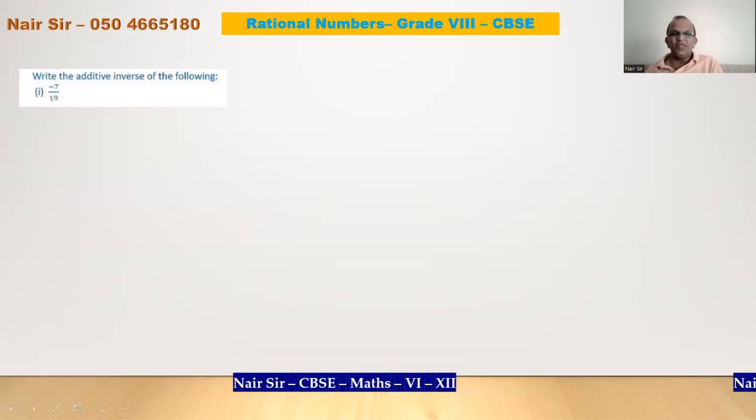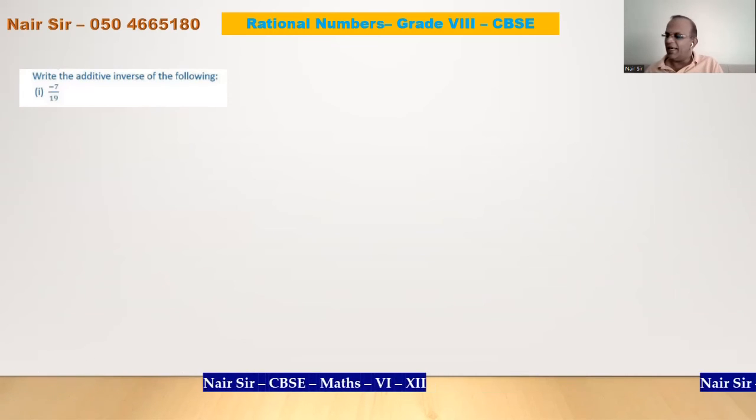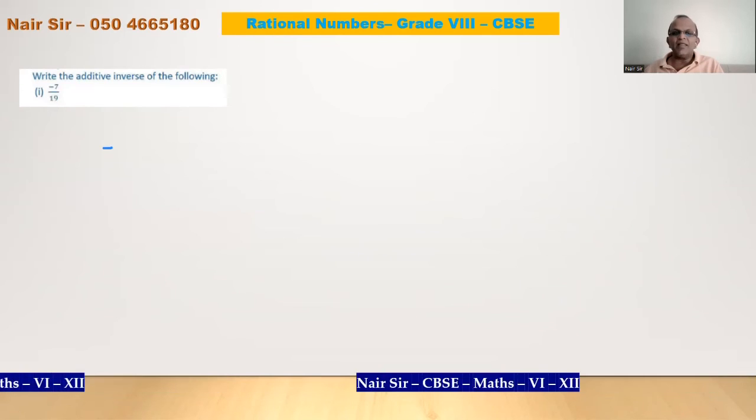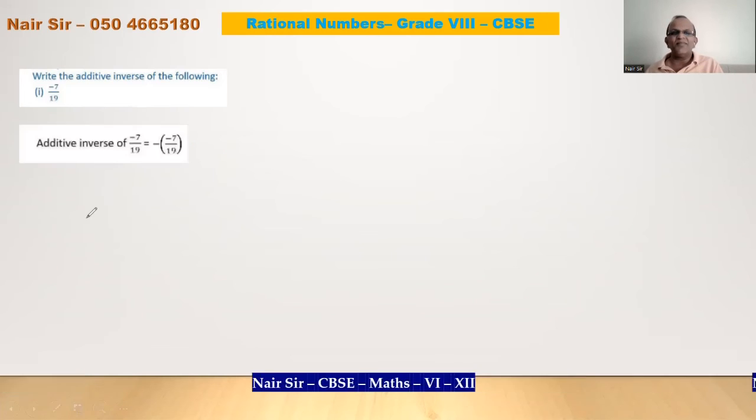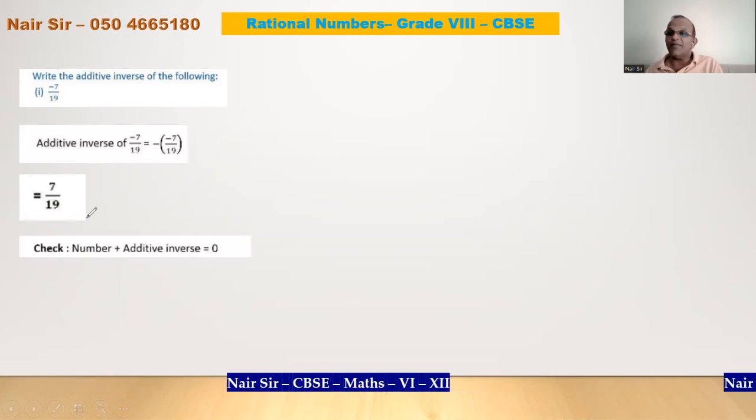Write the additive inverse. Minus 7 upon 19. It is minus 7 upon 19. What is minus of this? Simple. With me? Good. And how do I check?